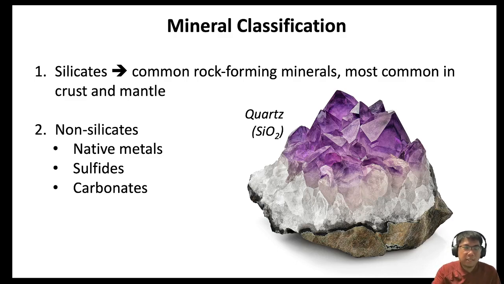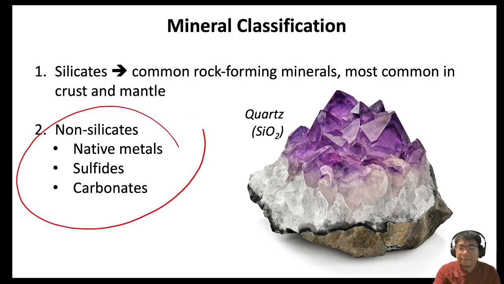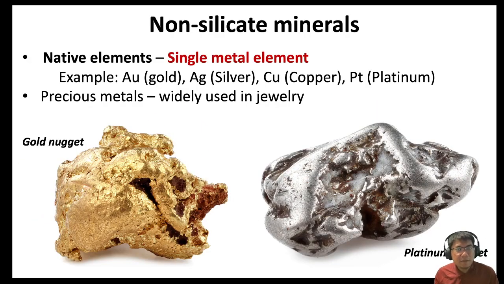Let's go ahead and talk about non-silicates now. So this is an example of a non-silicate mineral. For example, we have native elements, meaning that this mineral has just one metal element within the mineral. So for example, we have gold, silver, copper, platinum. These are all non-silicate minerals, and these are all native elements.